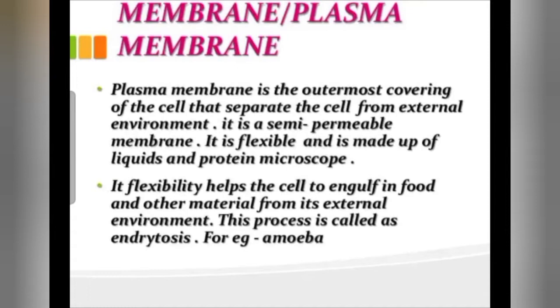It is flexible and is made up of lipids and proteins, and is microscopic. The presence of lipids such as phospholipids and proteins provides flexibility to the plasma membrane, and it enables the cell to engulf food and other materials from the external environment.